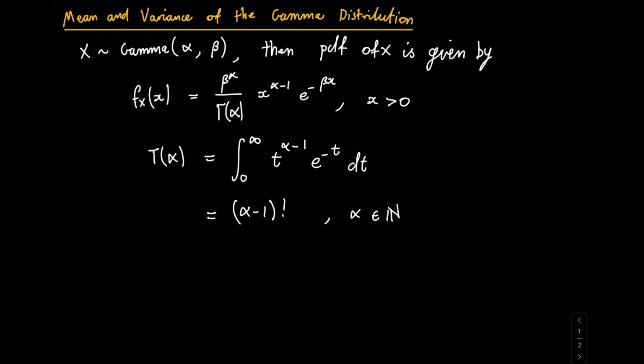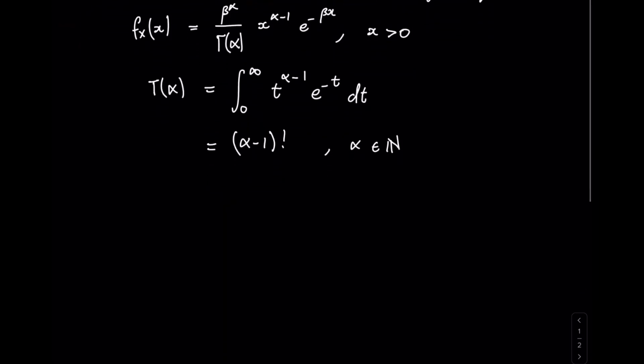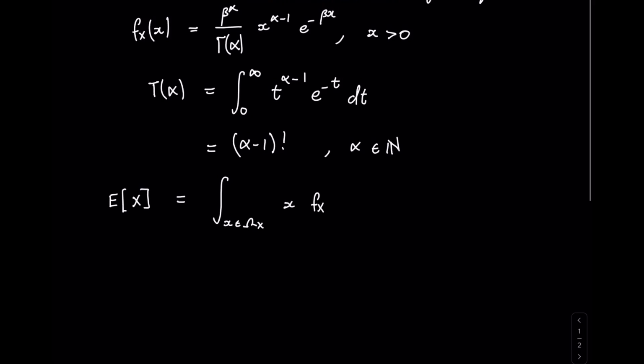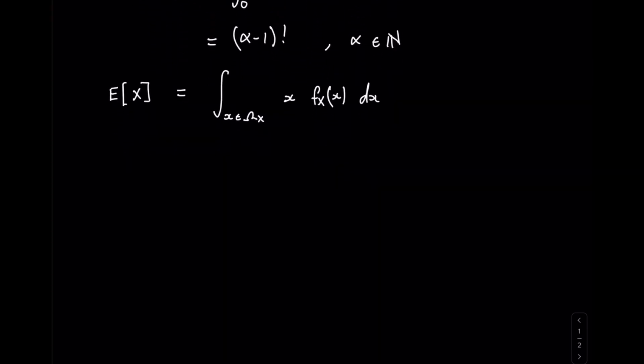Now that we've gone through a brief recap of the PDF, we can take a look at the expected value. The expected value of a gamma random variable is a continuous distribution, so we're going to use the continuous form of expectation, which is the integral across the entire support of x multiplied by the probability density function of x, integrated with respect to x.